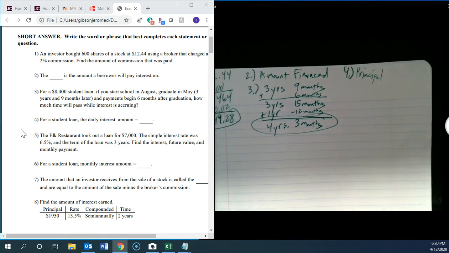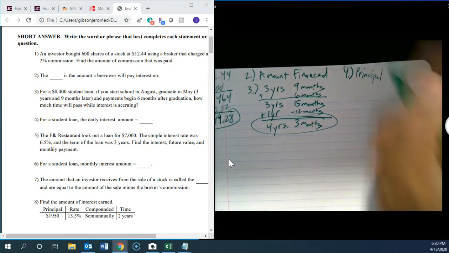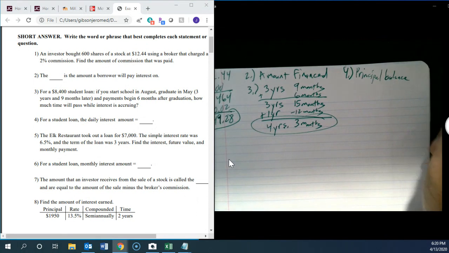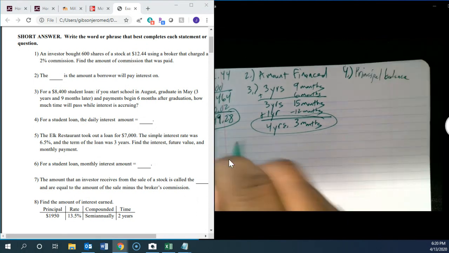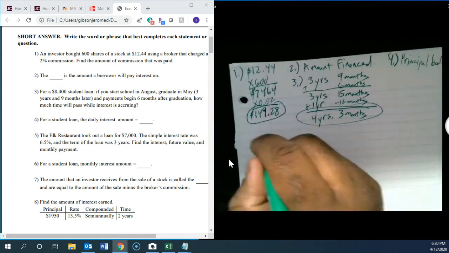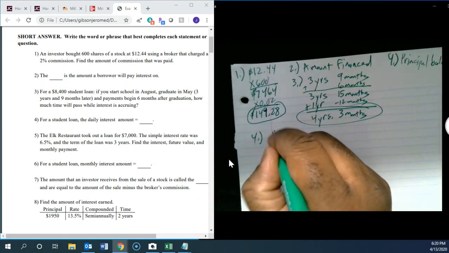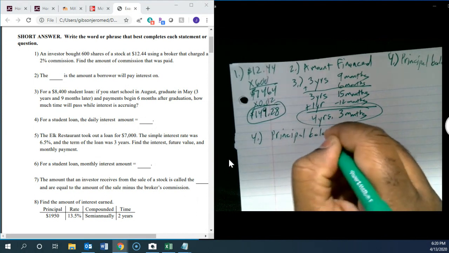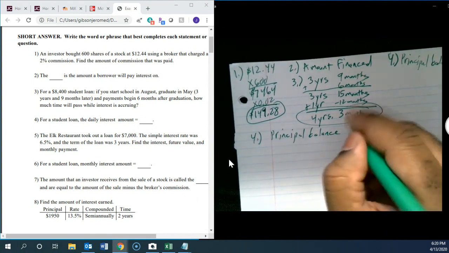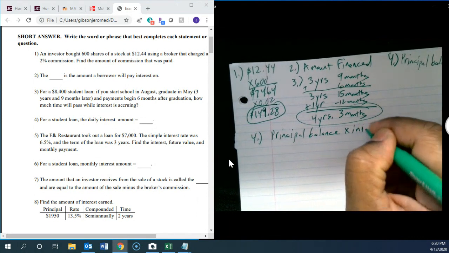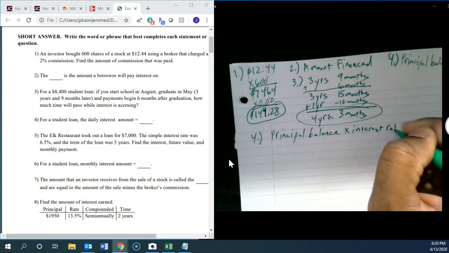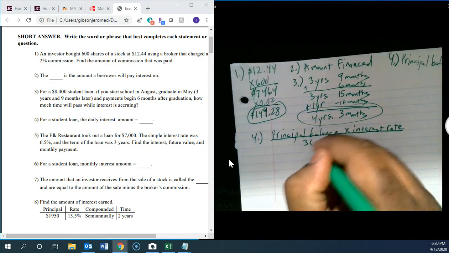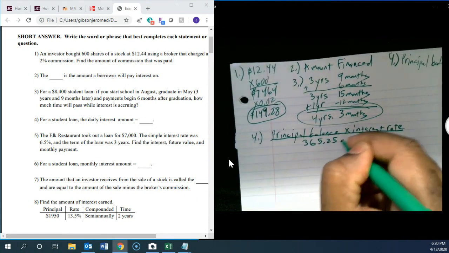Okay, so we have the principal balance times, I didn't give myself enough room. So let me write it down here. Number 4 is the principal balance times the interest rate divided by 365.25 days.